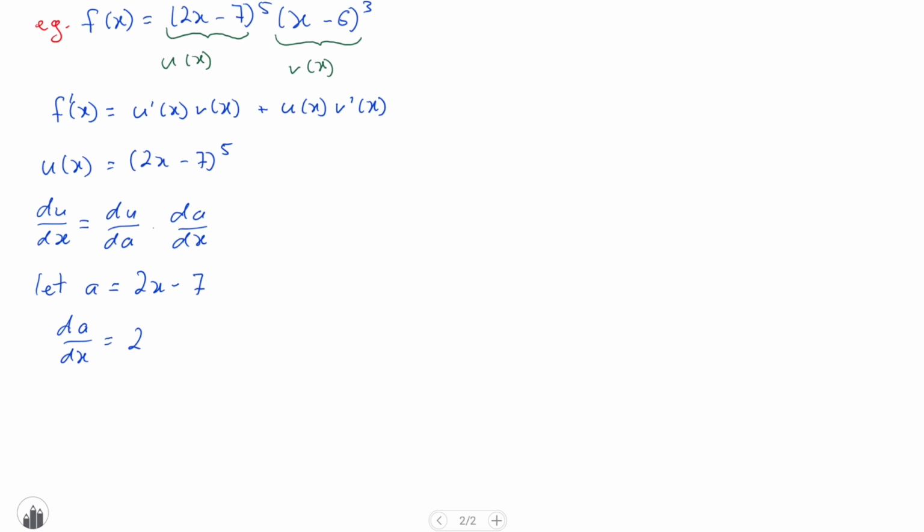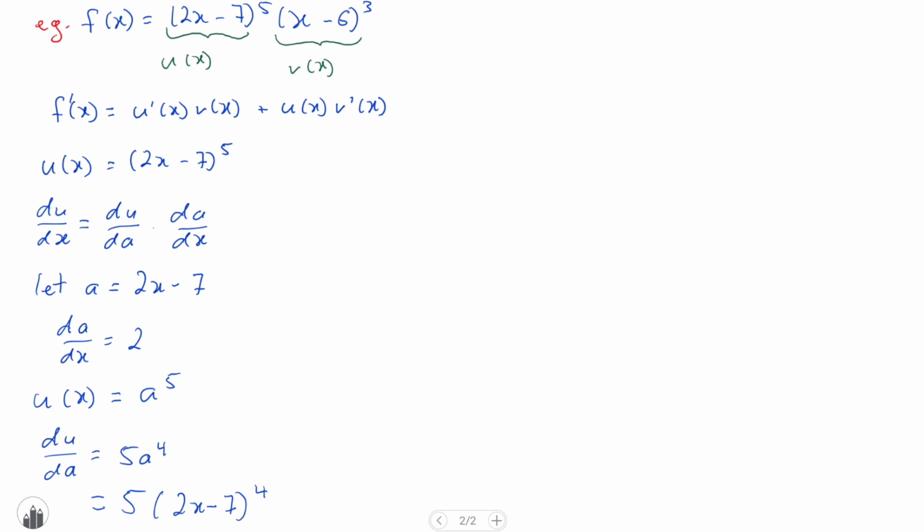Cool. That means our original function u of x is equal to a to the power 5. So then du dA is going to be 5a to the power 4, which is, of course, 5 times whatever a was, 2x minus 7, raised to the power 4, like that. And therefore, we can take this part here and this part here.